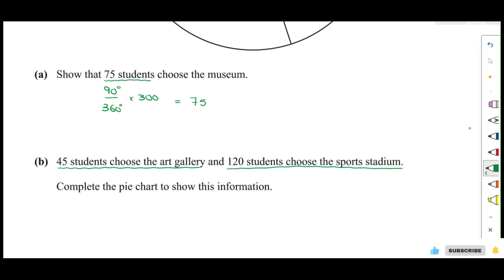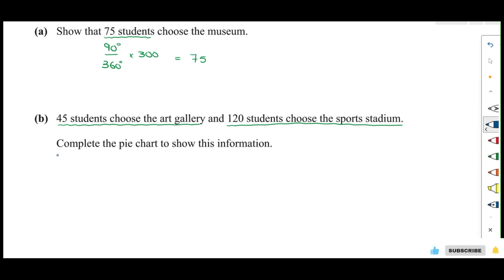So let me show you. We need to find the pie chart sector angle. Let's say that angle is theta. Out of the total angle 360 degrees, multiplied by the total students, 300, this would be equal to, for the art gallery, 45. So we need to figure out theta. So how do we do that?